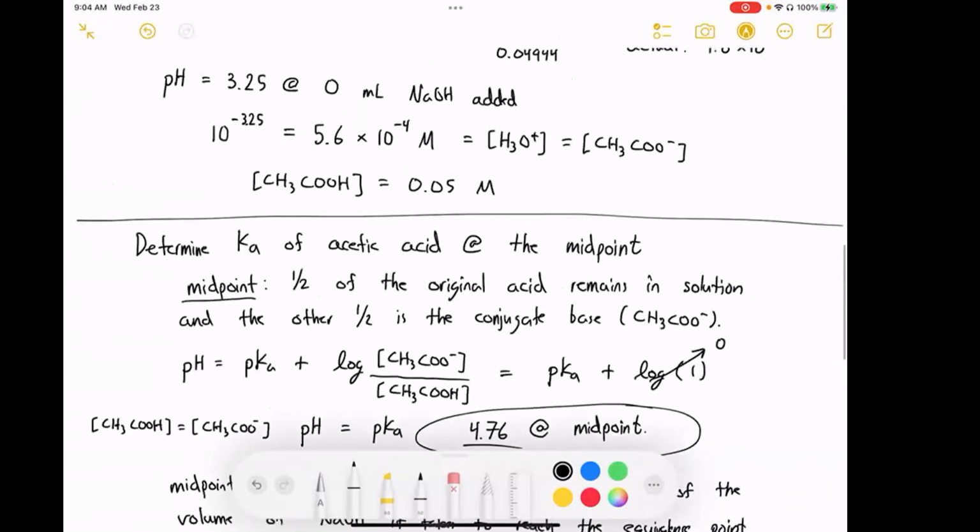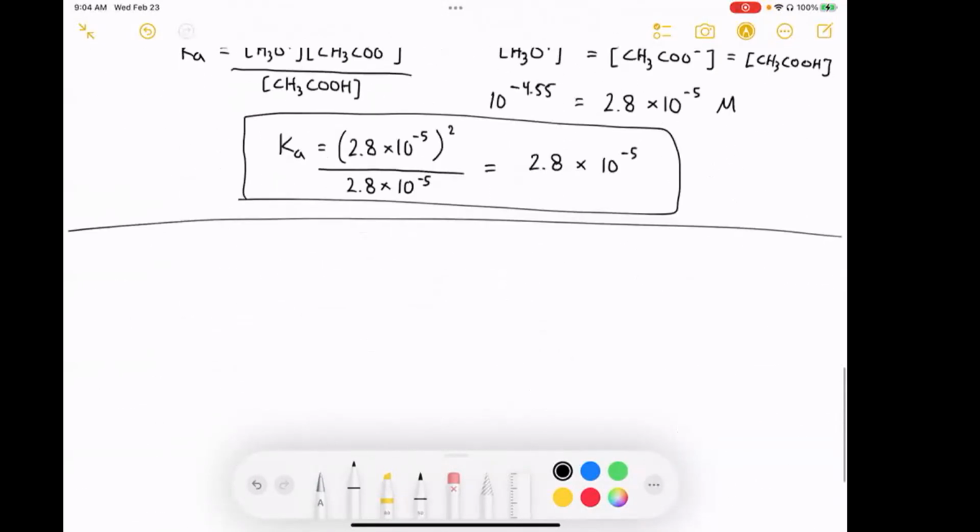So the last part, here's part C. So part C, determining Ka at the endpoint, or at the equivalence point. Ka of acetic acid at the equivalence point.